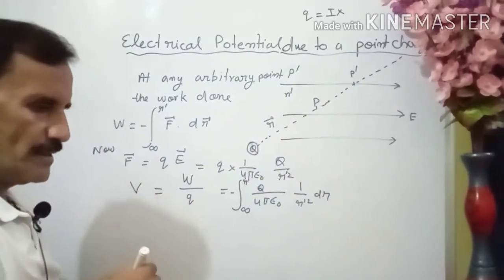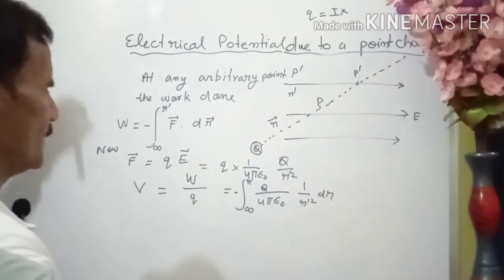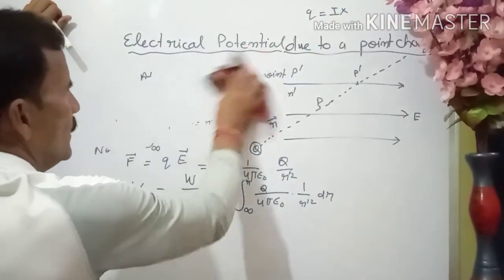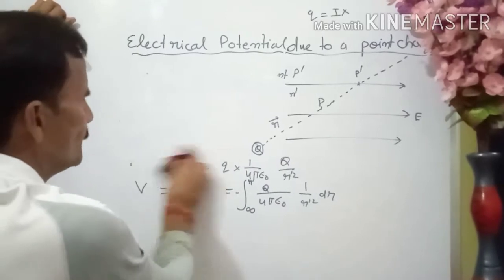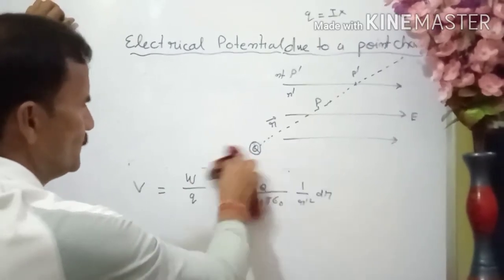Therefore electric potential at the point P dash.